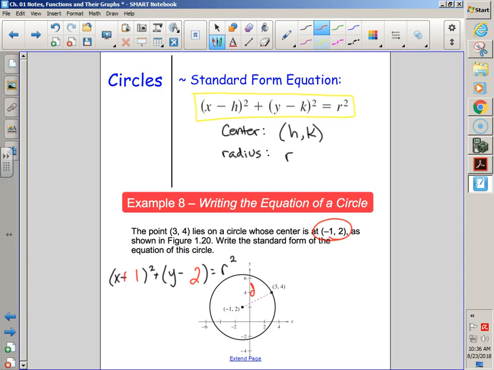Because r is the exact same thing as the distance between the center and what we would call a solution point. A solution point is a point that's on the outermost edge of a circle. The distance between the center and any solution point will always be the radius.